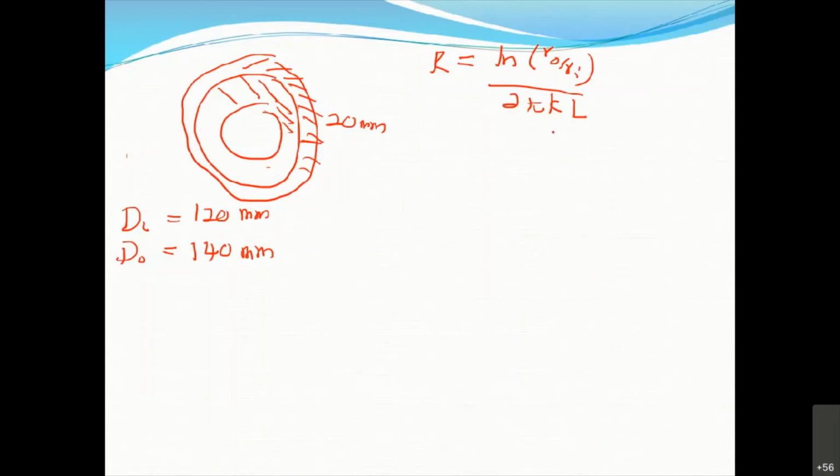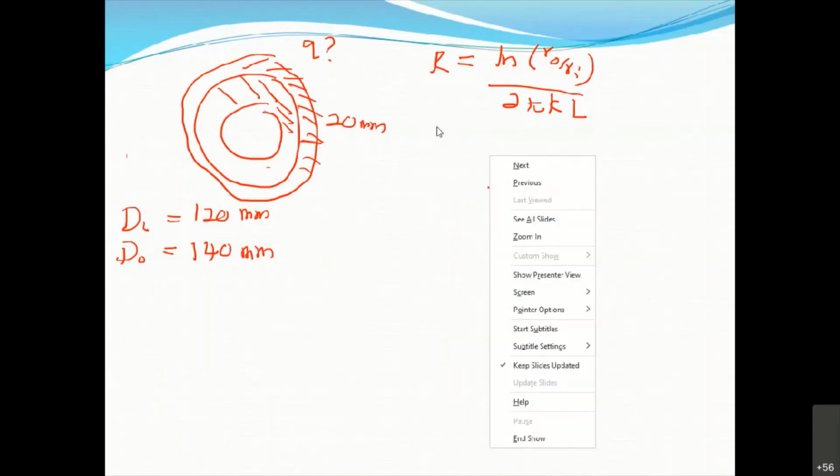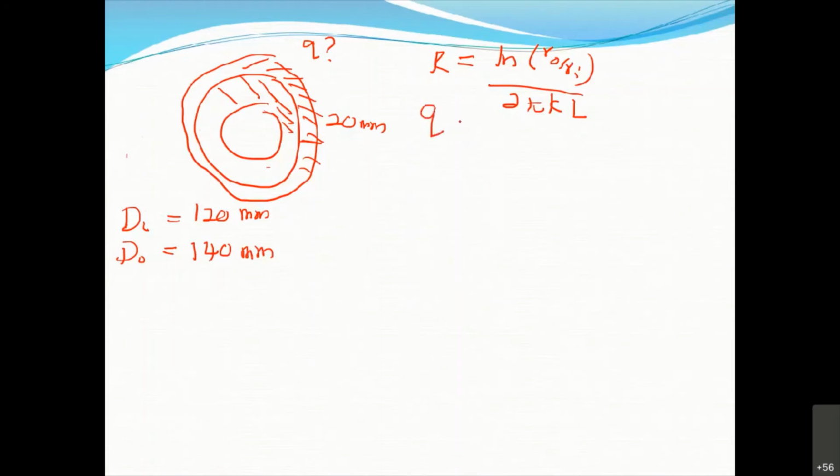If you don't know, then just put ln Ro over Ri over 2 pi K. So now you know that you're going to use this equation, and the question is asking you to find the value of Q. So you know that if you are using the value of R, then automatically Q is going to equal delta T overall over R overall.